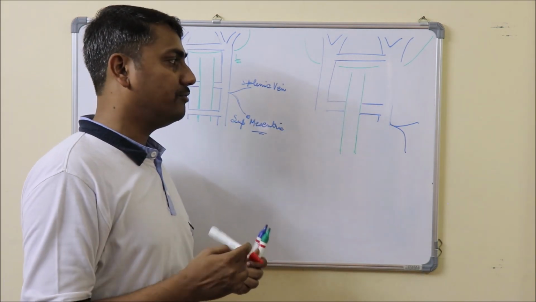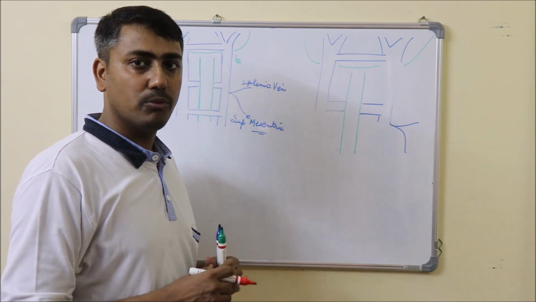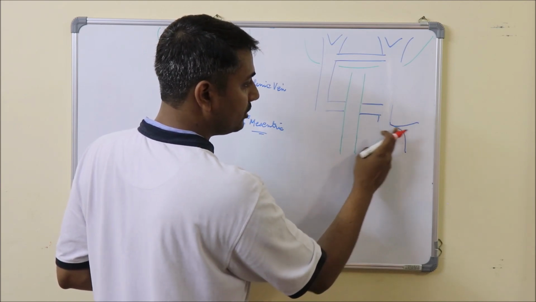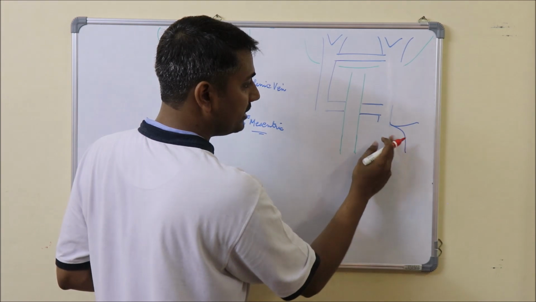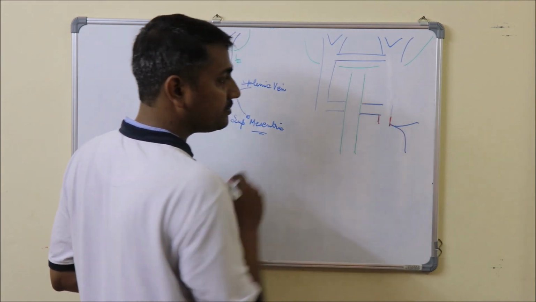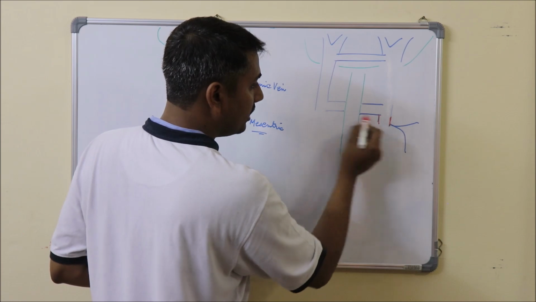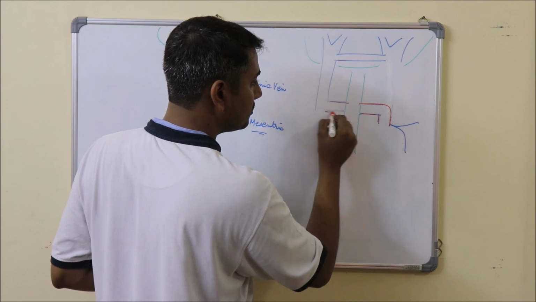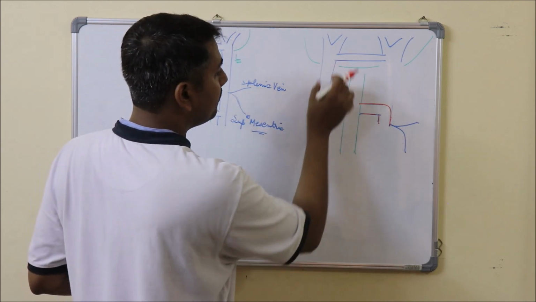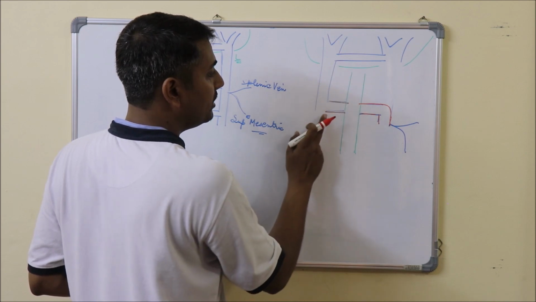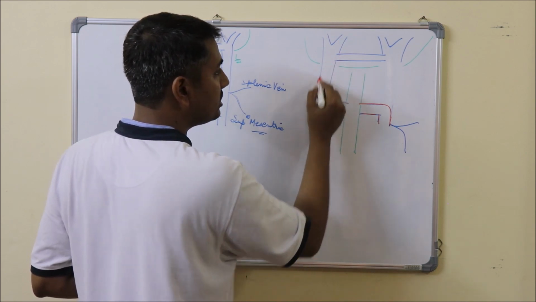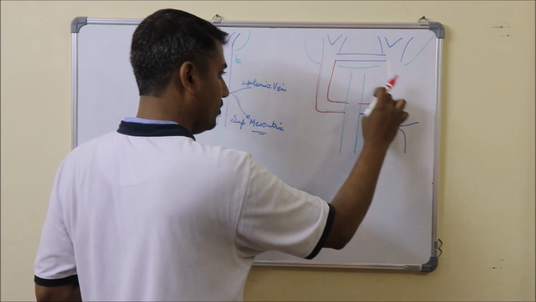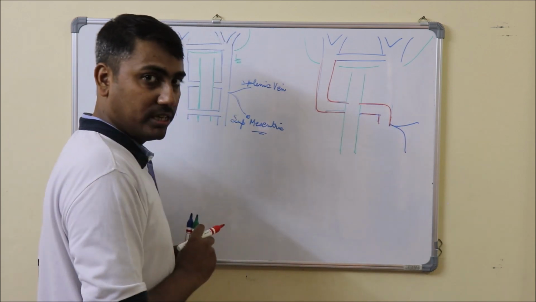So let us see which part of the Vitelline vein will form the portal vein. Here the part of the left Vitelline vein into which the splenic vein and the superior mesenteric vein are draining, this part, the complete dorsal anastomosis, and the part of the right Vitelline vein from the dorsal anastomosis to the cranial-most ventral anastomosis, this whole part will form the main trunk of the portal vein.